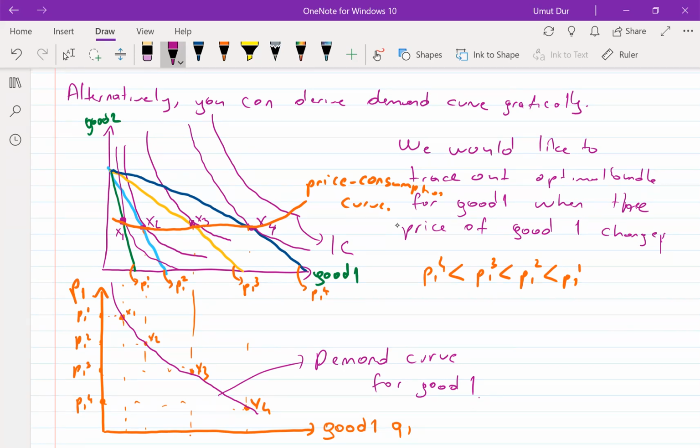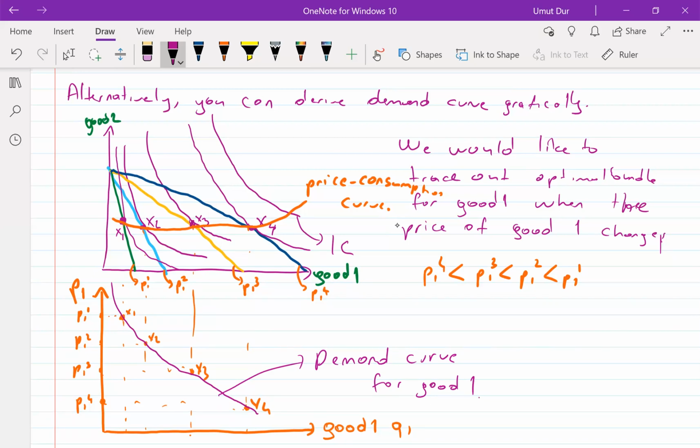So what we have done is basically, first we use the consumer choice. We have the utility function, so we derive the optimum bundle from there, and we turn it into the demand function. Here by using the graph, I know the optimum choices are the tangency points of the budget constraints and the different indifference curves.